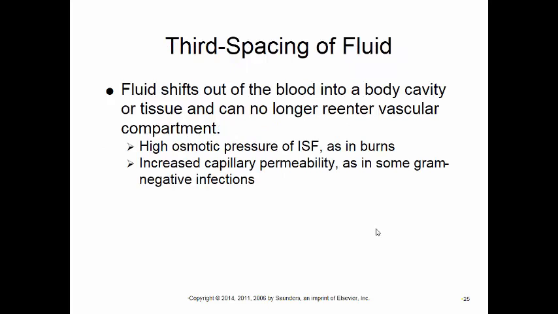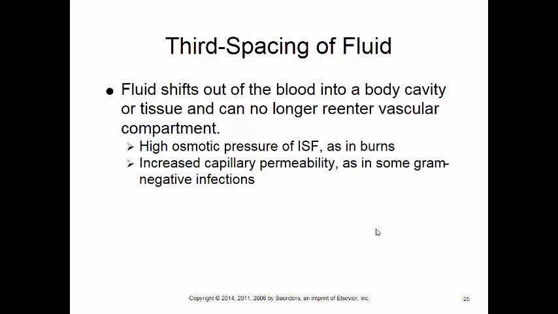This next type of fluid compartment disorder is called third spacing of fluid. The fluid shifts out of the blood into a body cavity, or into a tissue, and it can no longer re-enter the vascular compartment or the blood vessels.